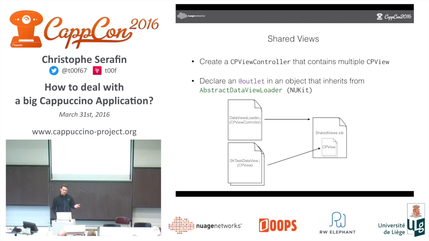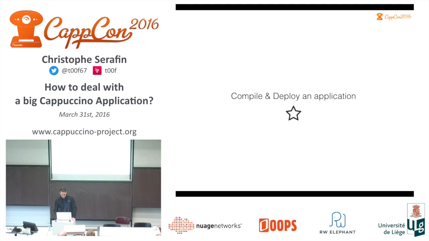Once it is loaded, it will automatically loop on all the CPViews, all the outlets, and register the data view for the specific type of object. So this is very specific to Nuage, but this is a way you could reduce the number of files, the number of zip files you will have to load for your application.